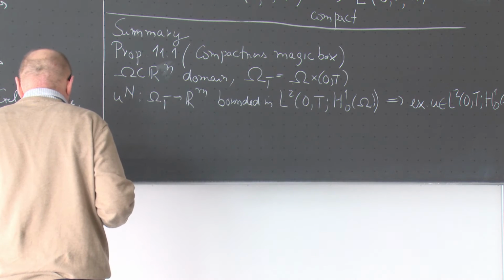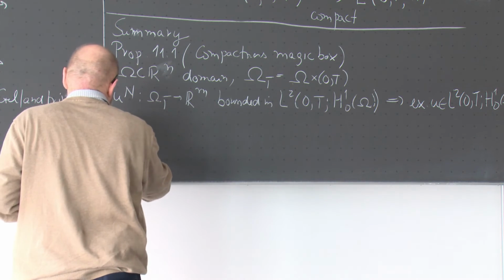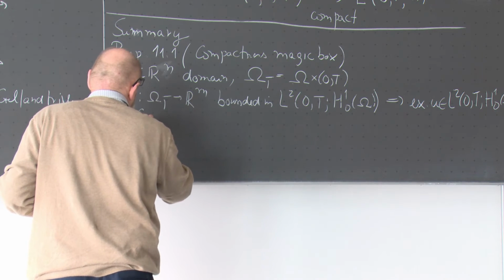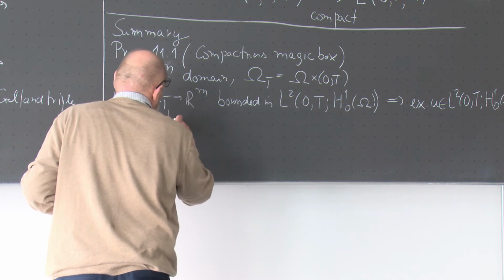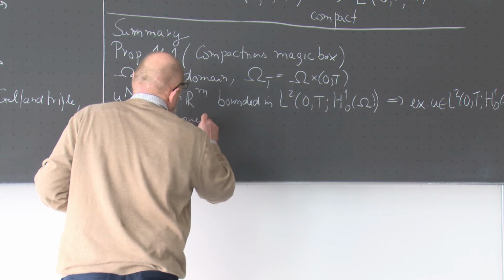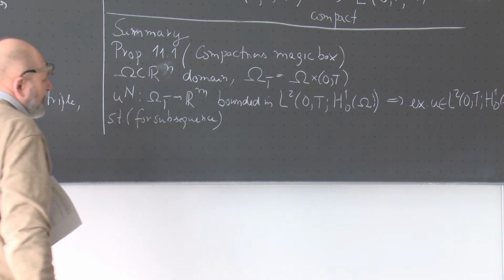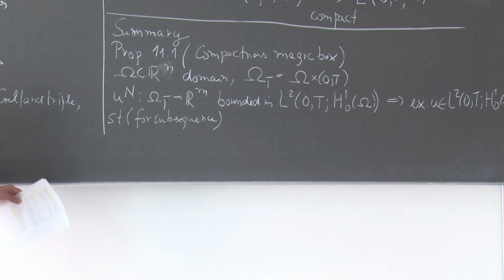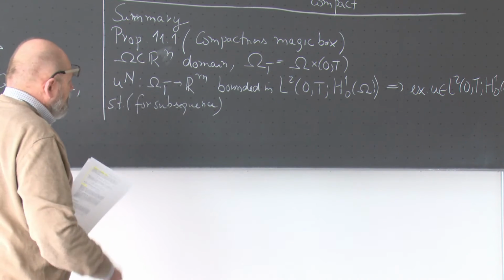Let me see how I write this. It's always for a subsequence, but maybe I suppress this a little bit because otherwise I get too clumsy notation. For a subsequence we have weak convergence.